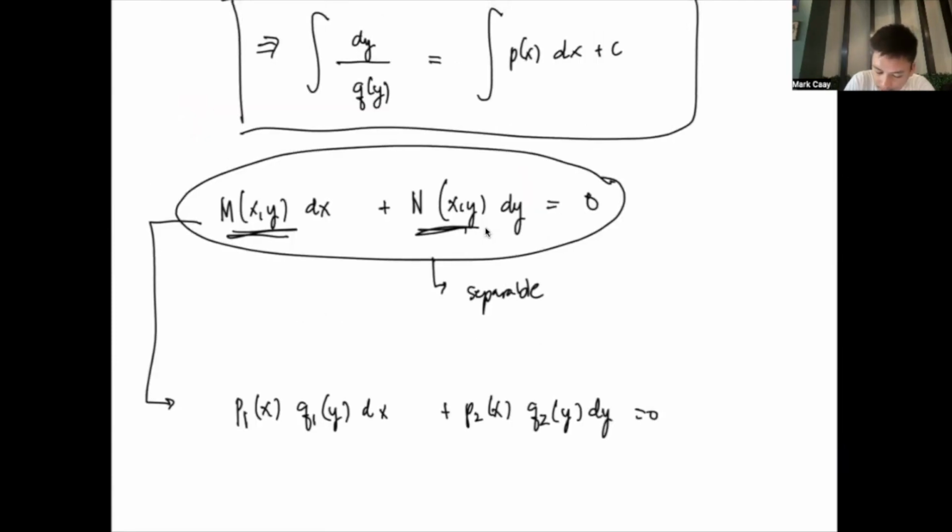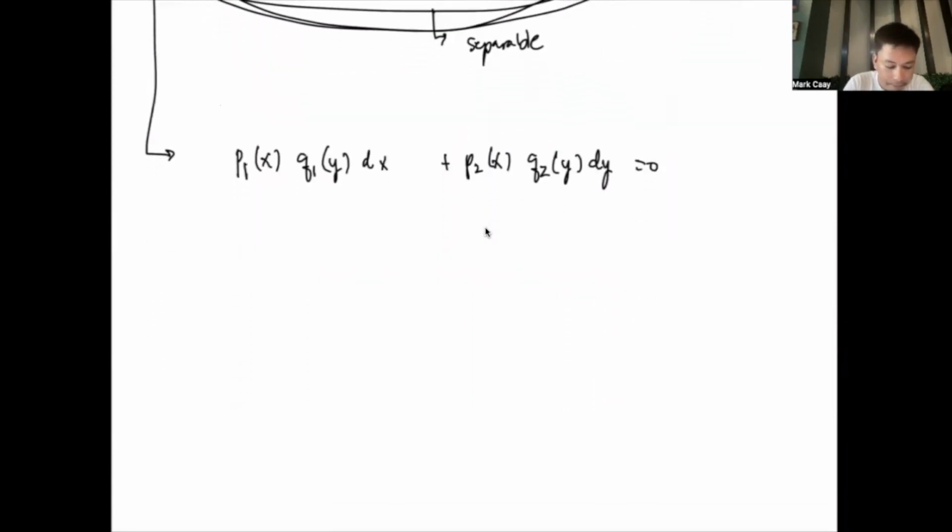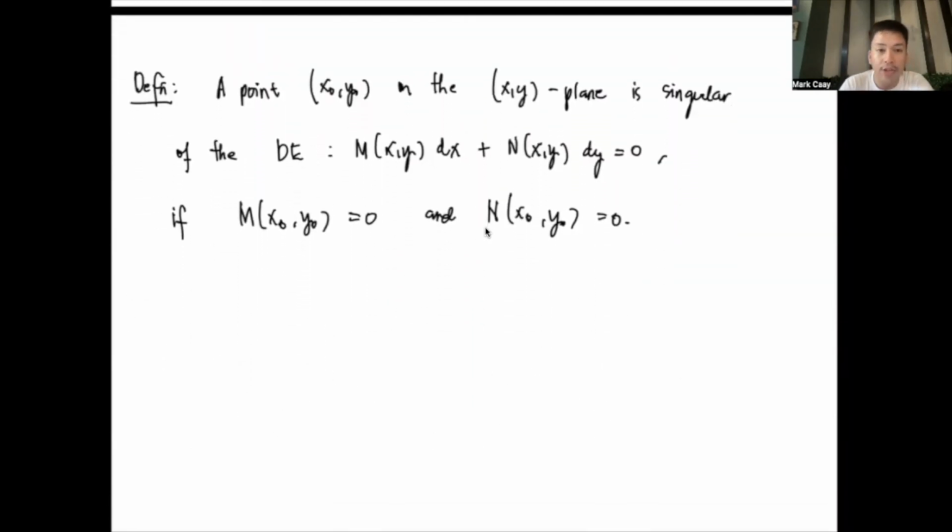In other words, this one is written in irreducible form. So what does it mean? It means that this differential equation is non-factorable anymore. It is already simplified.